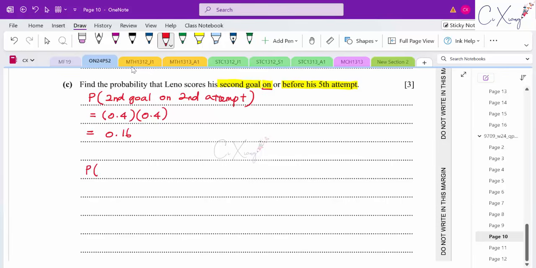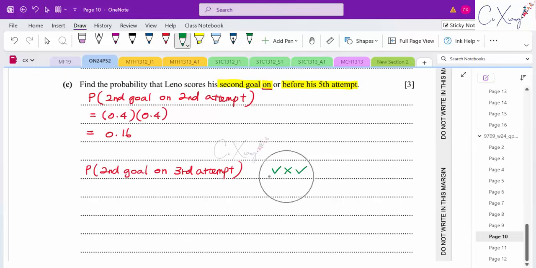And after that, you might have the second goal on the third attempt. So how can I find the second goal on the third attempt? Try to imagine here, maybe you can draw the outcomes. First attempt you get the goal, second attempt you didn't get the goal, then the third attempt you get the goal.